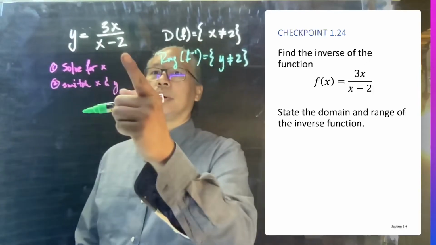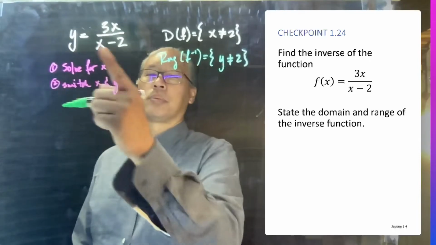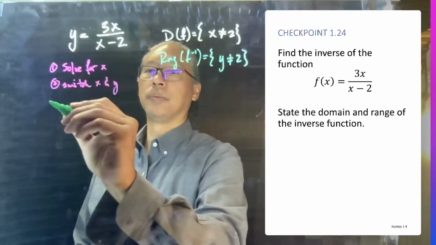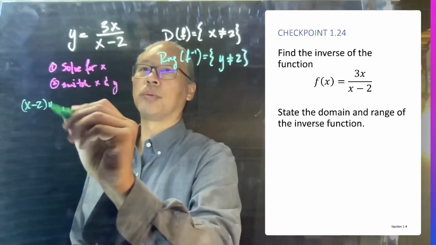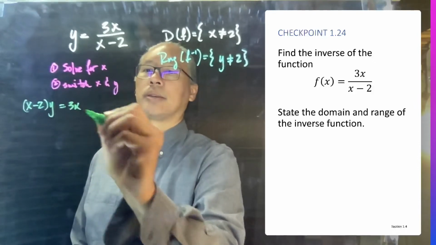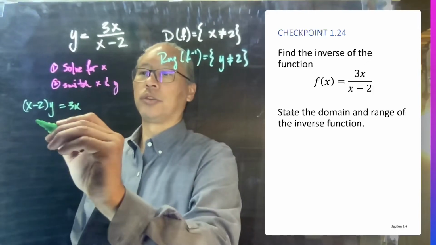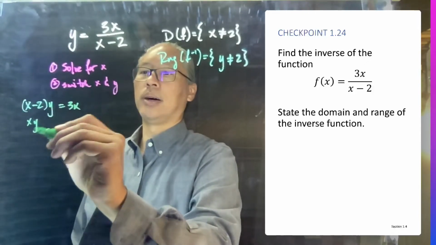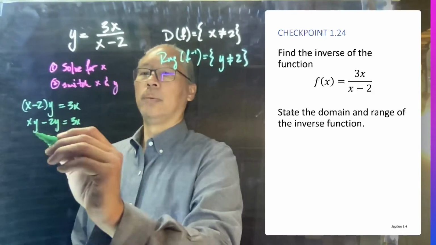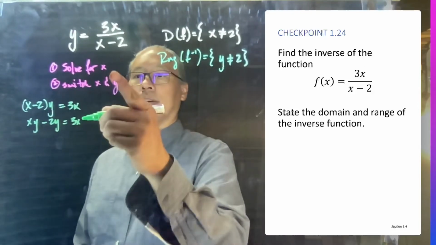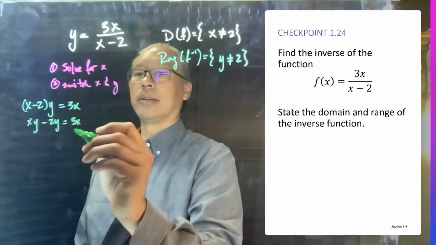And we're going to do this where we're going to multiply both sides by x minus 2. So we're going to get x minus 2 times y is equal to 3x. And then we'll distribute. We're going to get xy minus 2y is equal to 3x. We want to solve for x, so we're going to gather all the x's together.